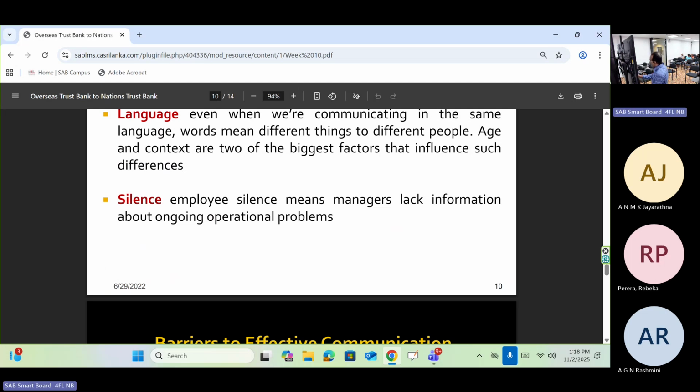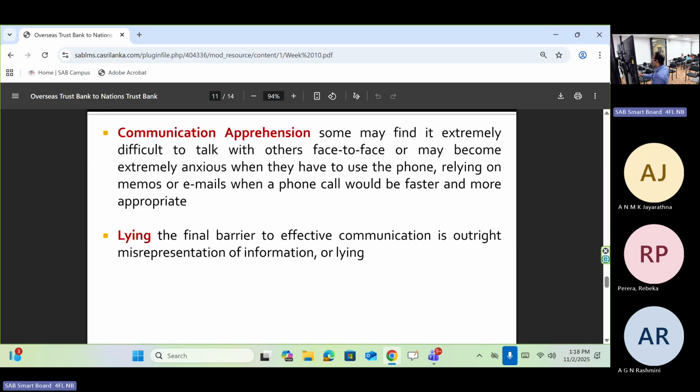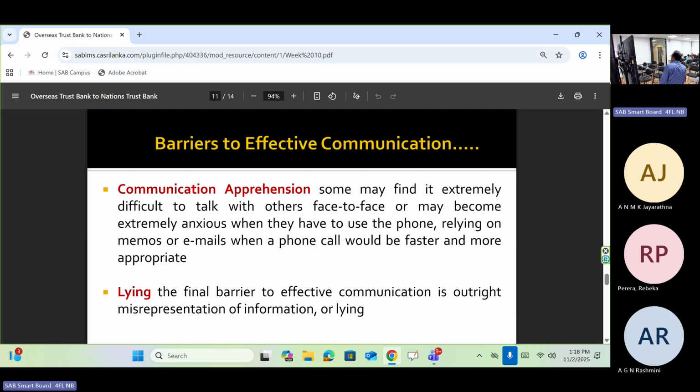Right. Then I have come to the last point. That is to share. I know two more, three more. Right. This one is communication apprehension. It involves a person. Sometimes there are typical individual oriented barriers to communication. As an example, some are not good in public communication.